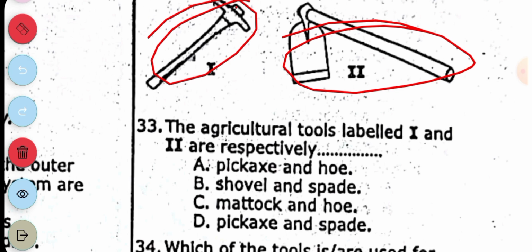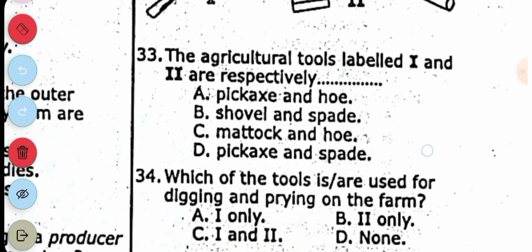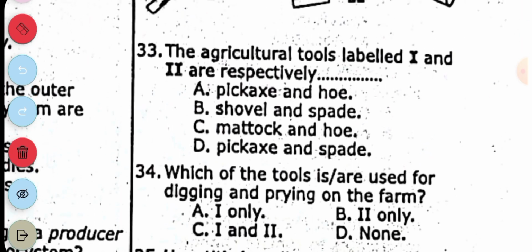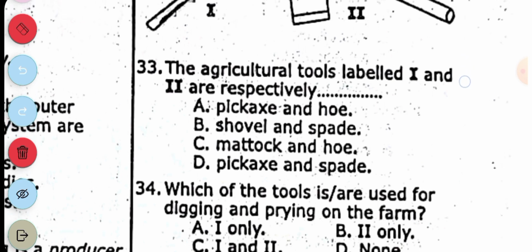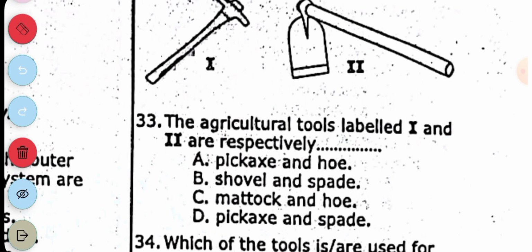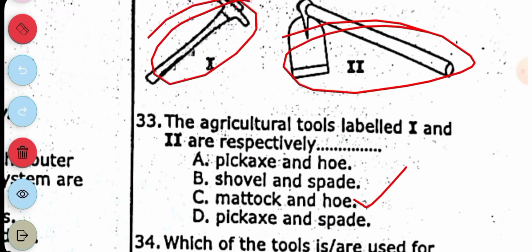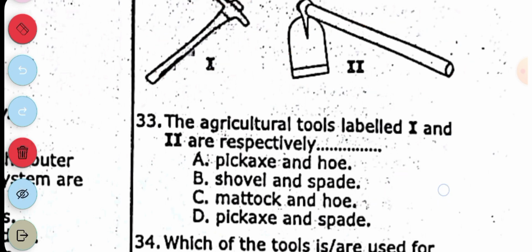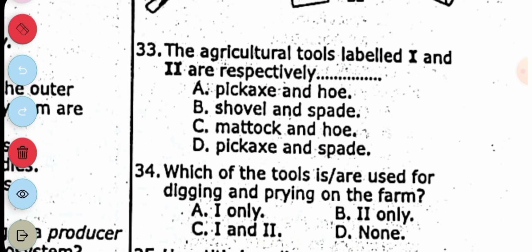So we have a mattock and a hoe, so the answer is C. Which of the tools is or are used for digging and prying on a farm? They are both used on a farm, so the answer to this is C, I and II.